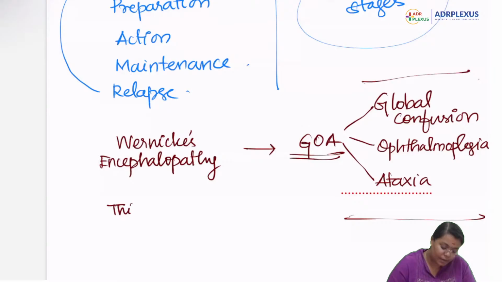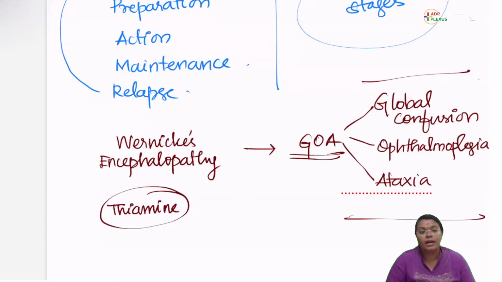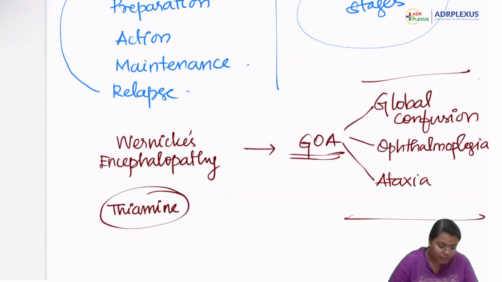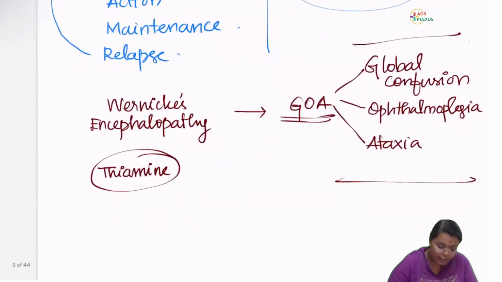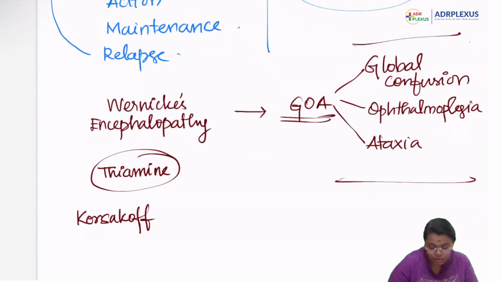What is the important thing that you should know? You should give thiamine before giving any IV fluid, especially glucose-containing IV fluids, because of the risk of precipitating Wernicke's encephalopathy. When left untreated, it leads to Korsakoff psychosis.